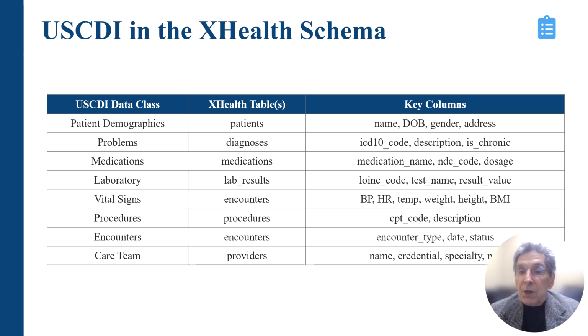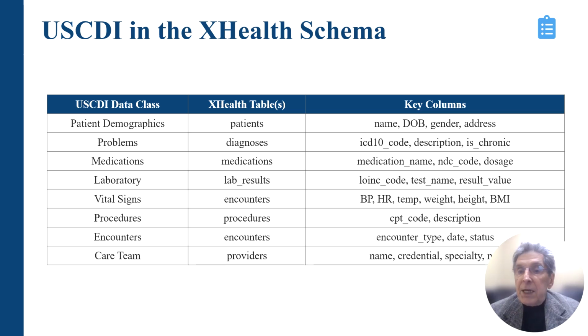The USCDI requires demographic data to be exchangeable, and XHealth has it. Problems. That's the USCDI class for diagnoses and conditions. In XHealth, it maps to the diagnosis table with the ICD-10 code for the coded diagnosis, a description for the text, and is_chronic to indicate chronicity.